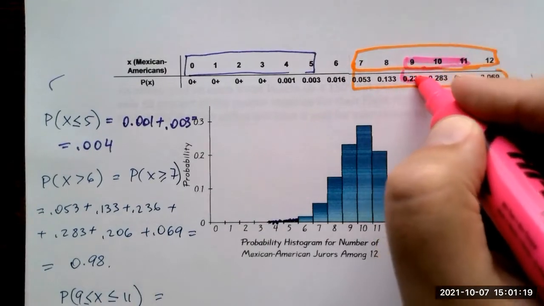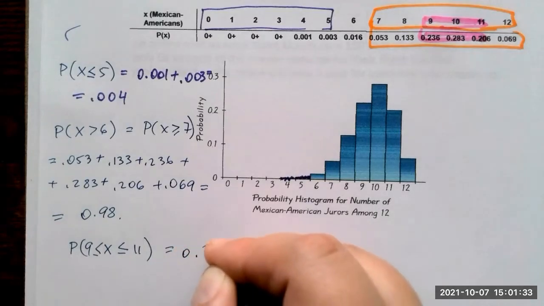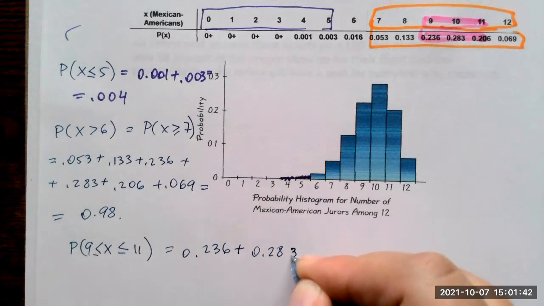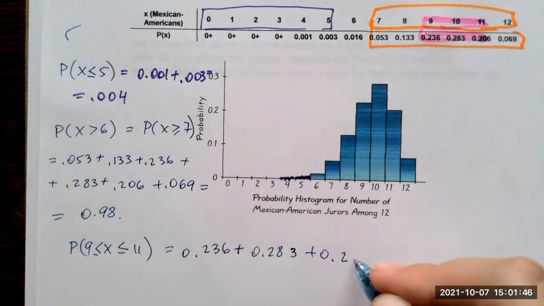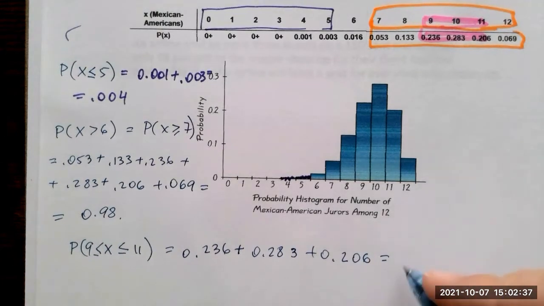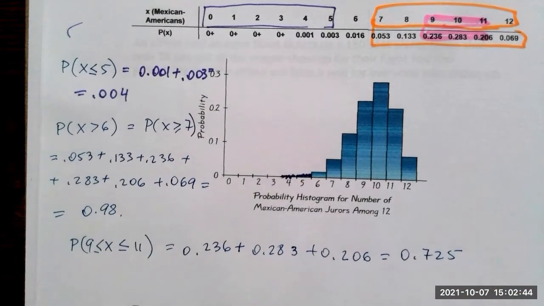So we're going to be adding 3 corresponding probabilities: 0.236 plus 0.283 plus 0.206. All right, let's add them up. And I got the probability of 0.725.